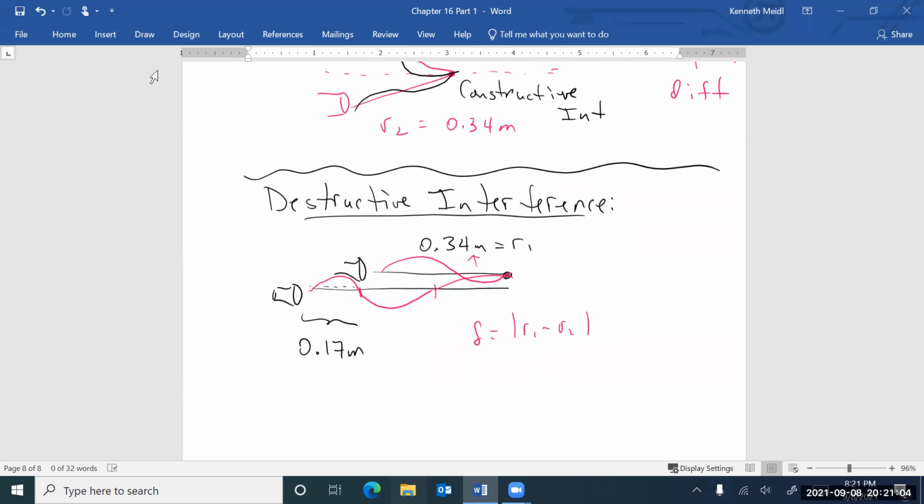And one path is something like 34 centimeters, and the other one is 17 centimeters more than that. So it's 51 centimeters. What I get here is a difference that is this 17, and that equals half the wavelength. Hence, I'm going to get destructive interference there.